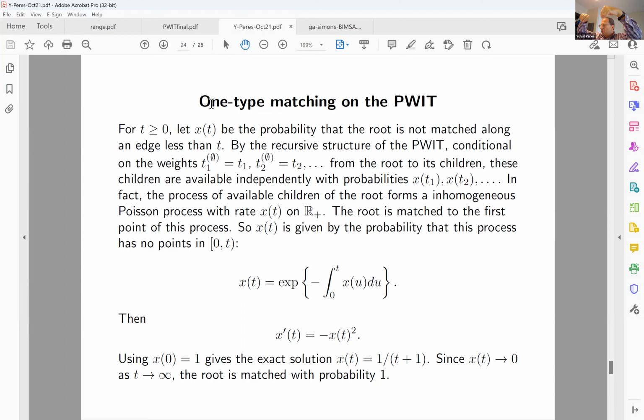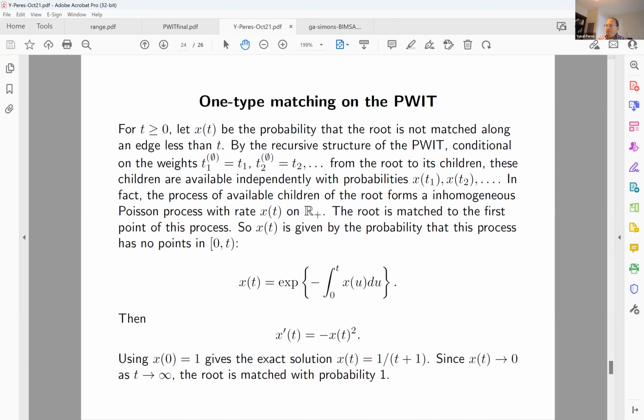This chance is exactly x of t1. That's the chance that no one in its subtree is matched to it at a distance closer than the distance to the root. If that happens, it's available to the root. So the children are available independently with probabilities x of t1, x of t2.